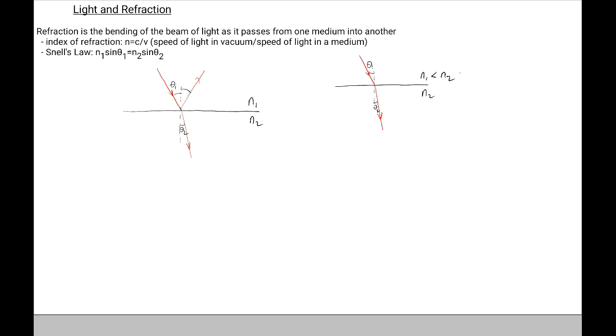But now if we have n1 greater than n2, and this is n2 over here, and we have an incident beam coming like this, let's draw the perpendicular here. So when n1 is greater than n2, the beam will bend away from the perpendicular to the interface. So if this is theta 1, theta 2 will be larger than theta 1.